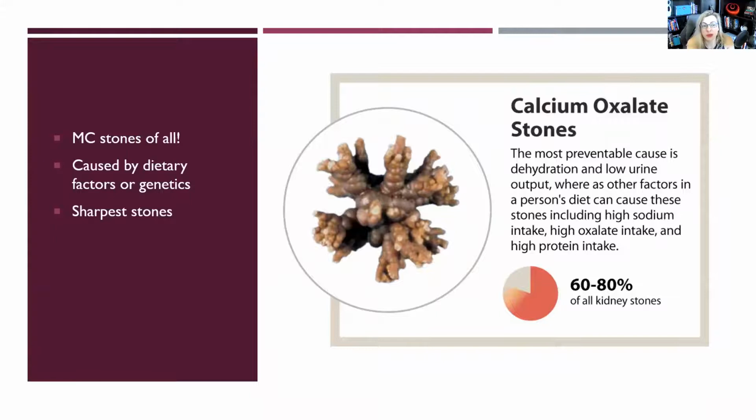And so as they go down the ureter, they tend to scrape the sides of the walls and poke and prod and be very painful. These cause a lot of ureteral spasms and can cause your ureter to bleed, which is why we have hematuria in our urine. There's a lot of different causes for these calcium oxalate stones, and we're going to talk about those a little bit later, but I just wanted you to kind of compare the look of this stone to other stones.